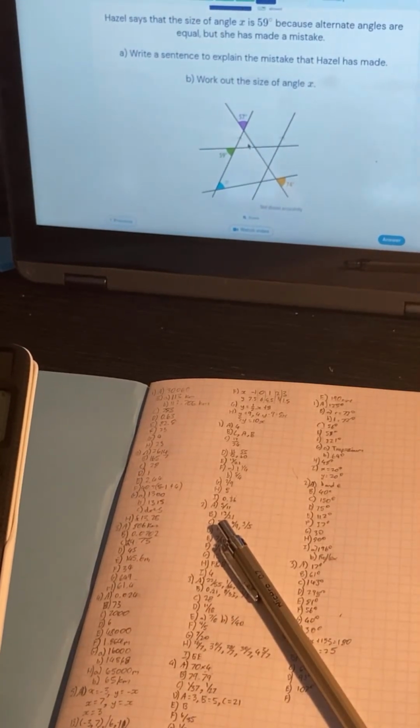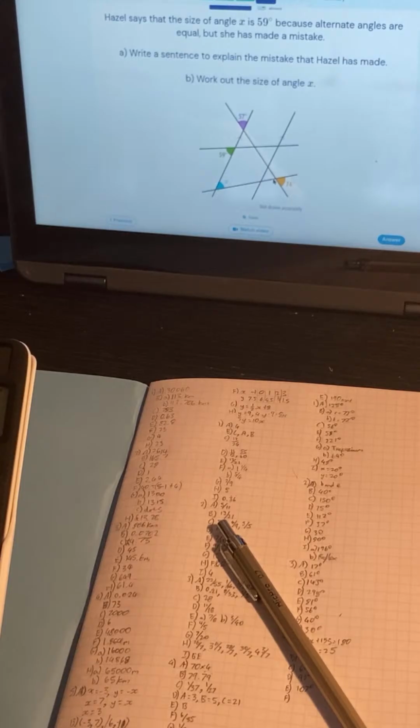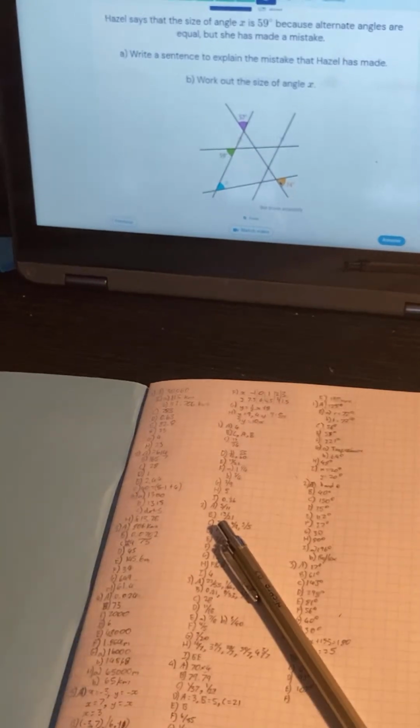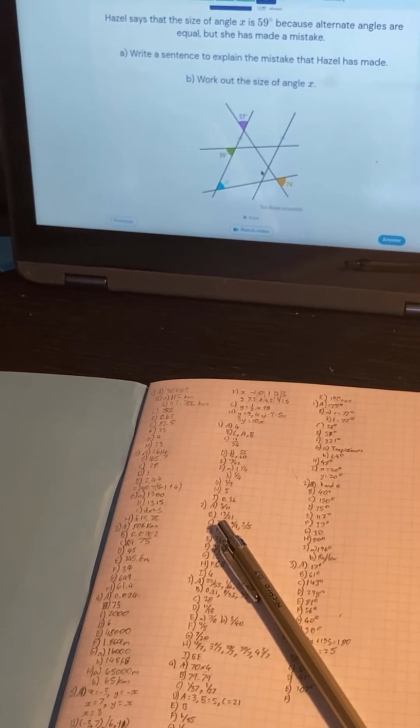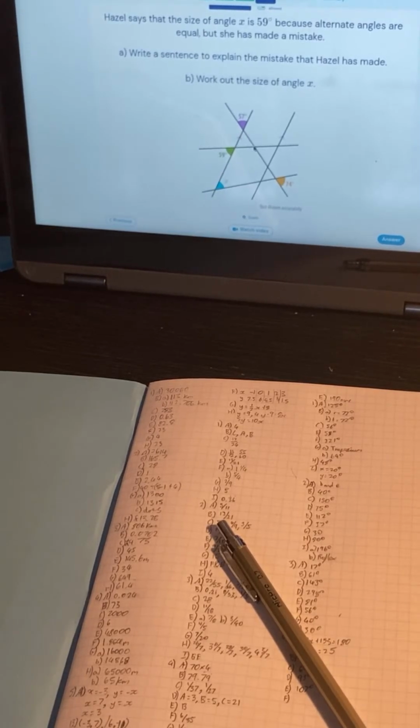How the hell do we figure that out? I can figure that out.